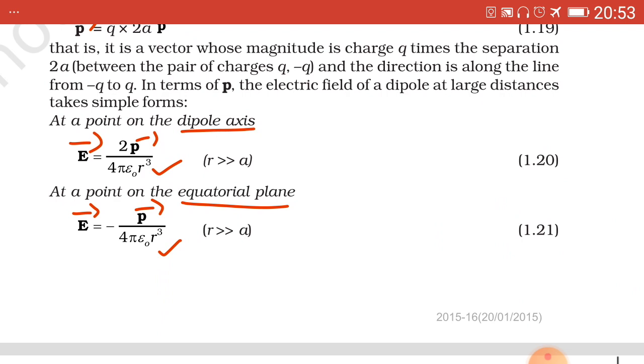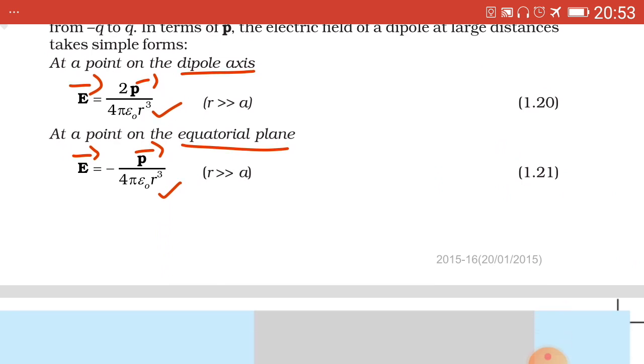This is written in terms of dipole moment, which previously we had seen in terms of k also, which is quite simpler, equal to 2 kp upon r cube into p hat written ahead.